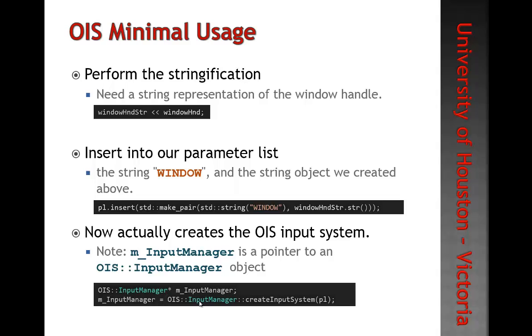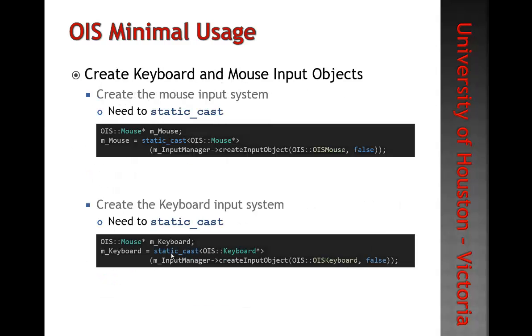So this input manager, from this point on, will effectively be looking at the window that is rendered on the screen and reads the input from our OS into the input manager. Once our input manager is established, we create a mouse pointer and a keyboard pointer, and then we'll be able to actually create our input system based off of the mouse or the keyboard.